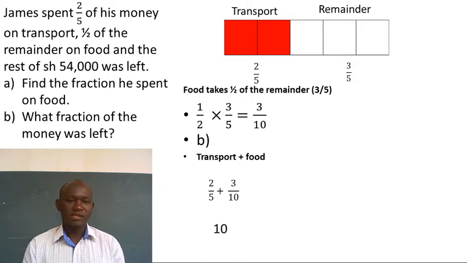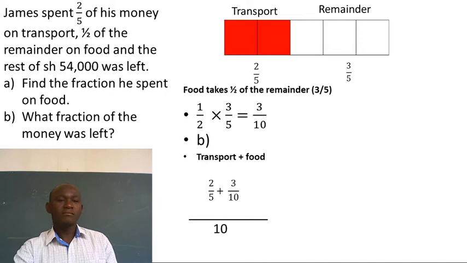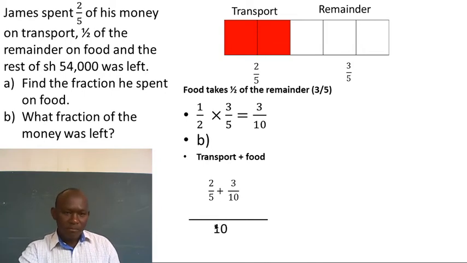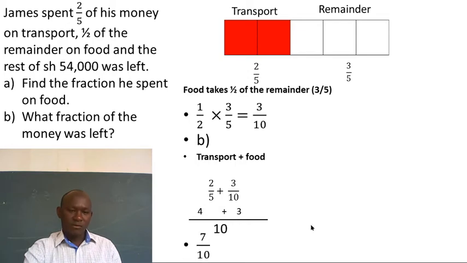Dividing 10 by 5 gives 2, and multiplying 2 by 2 gives 4. Then 10 divided by 10 is 1, and 1 times 3 is 3. So we have 4 plus 3, which is 7 out of 10.